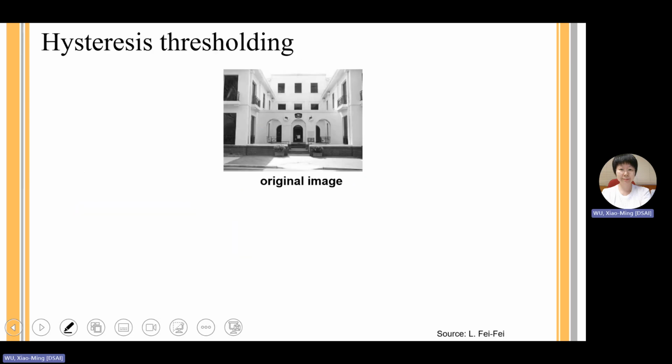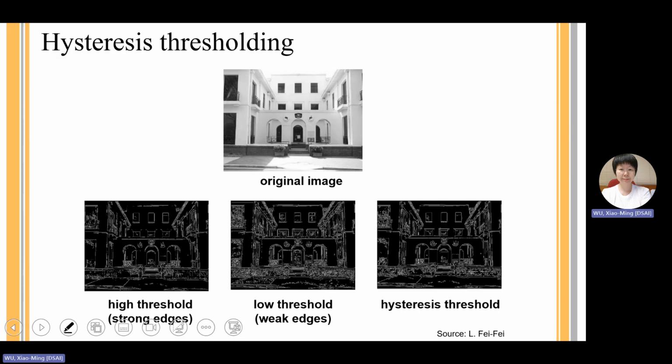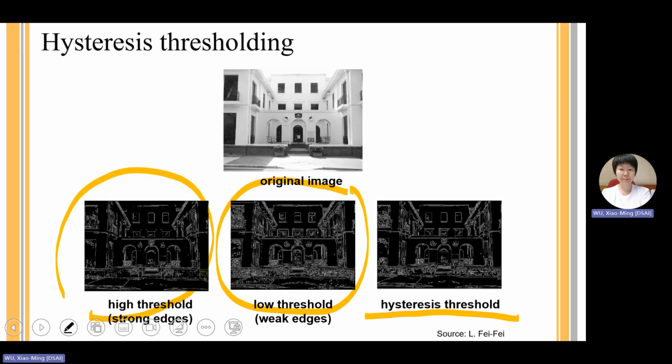Okay, so this is the idea of hysteresis thresholding, and you can see from the results that it achieves a better trade-off between applying a high threshold and applying a low threshold. Like we said before, if we use a low threshold, there are many weak edges. And if we apply a high threshold, there are many breakups in the edges.